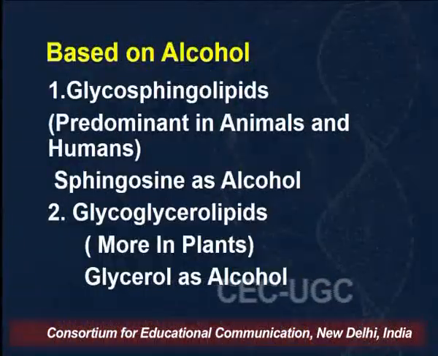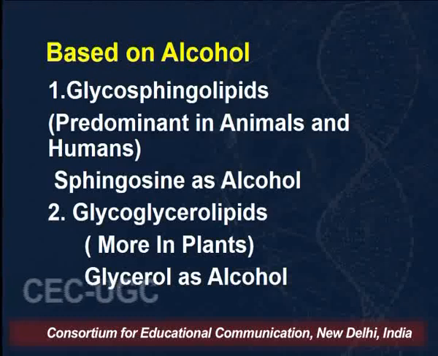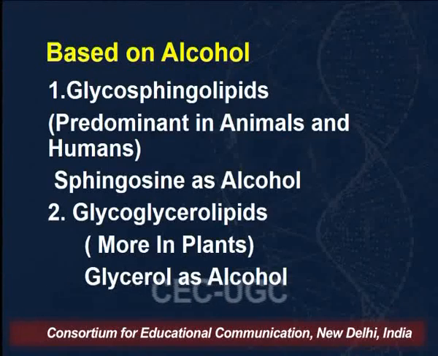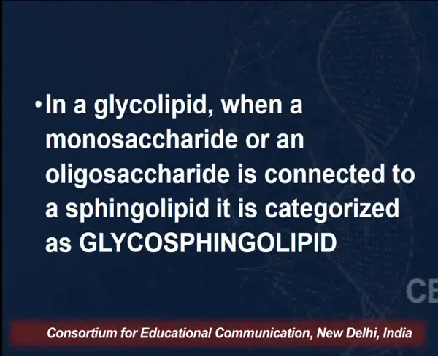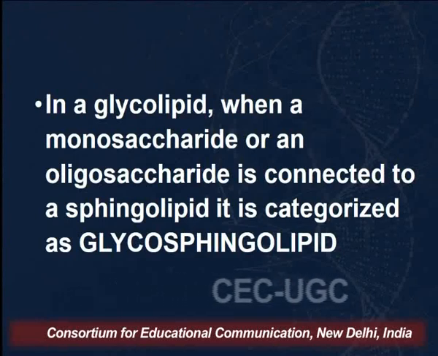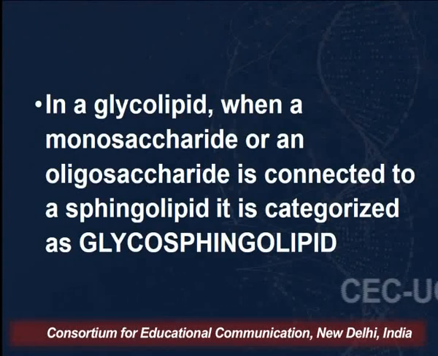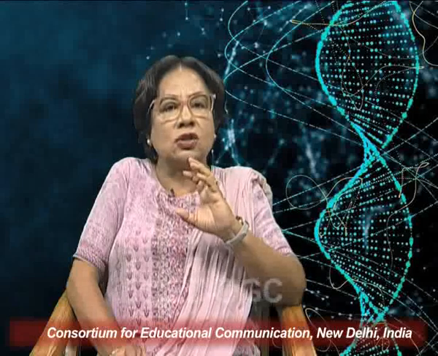And if the backbone is made up of alcohol, which is glycerol, then these glycolipids are known as glycoglycerolipids, and they are found more frequently in plants. So when, in a glycolipid, a monosaccharide or an oligosaccharide is connected to a sphingolipid, you have to remember it is called a glycosphingolipid.